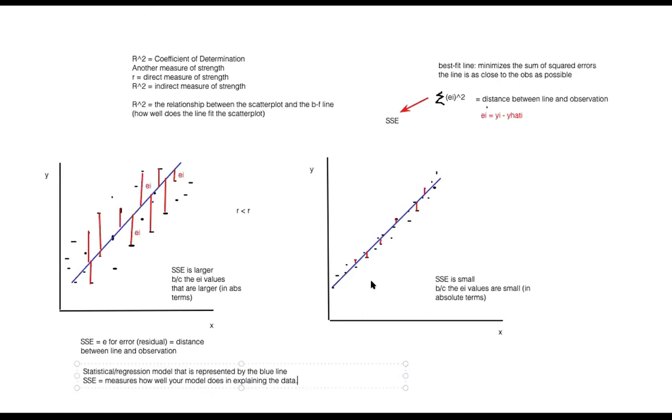We want our statistical model to do the best job that it can in explaining our data. So that's why it's the best fit line. But some best fit lines do a better job compared to other best fit lines. So it measures how well, but it's actually the inverse of how well your model does in explaining the data, because the better it does, the smaller the SSE value. So if SSE is large, then your model doesn't do very well. If your SSE is small, then your model does very well.